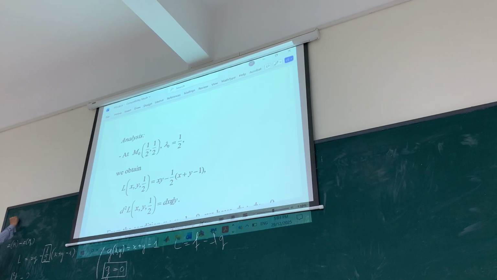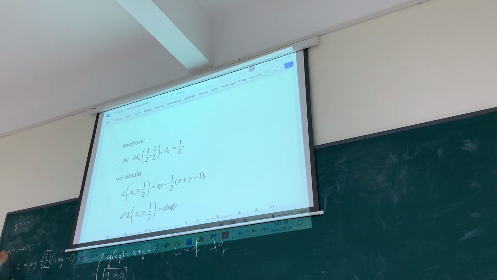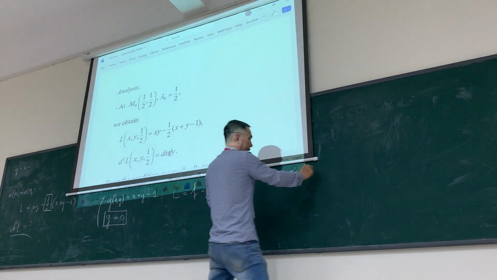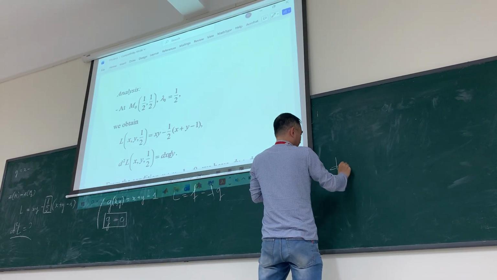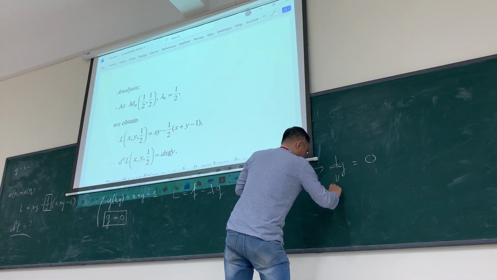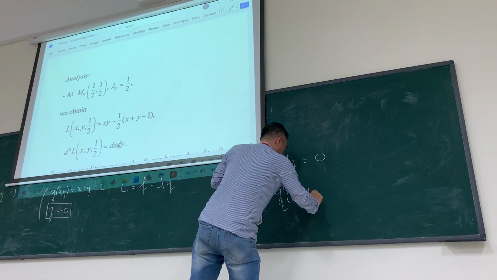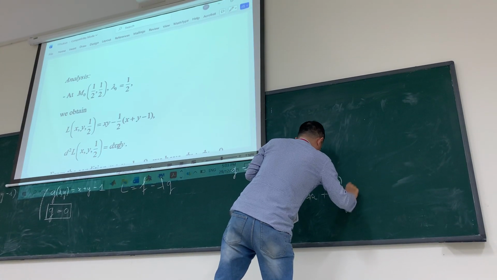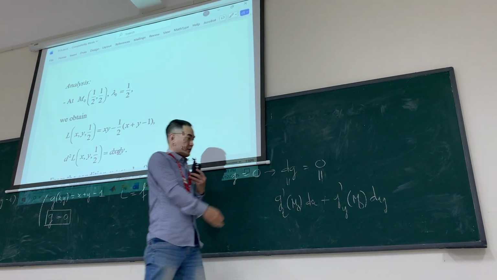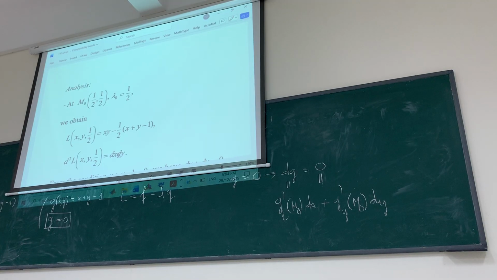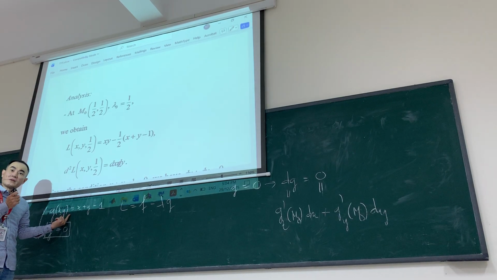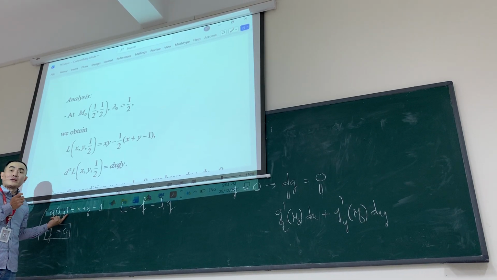Now, you can see z equals 0, which implies dz equals 0. dz is z prime x at M0 times dx, plus z prime y at M0 times dy, equal to 0. z prime x, what value? 1. z prime y, what value? 1.